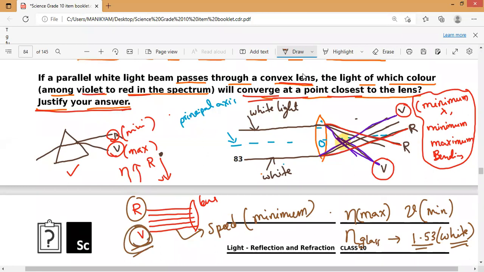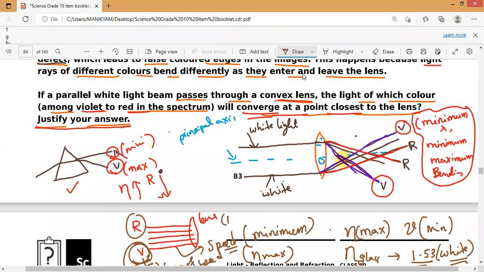If violet light is passing, it has the least speed in the glass, so it will show the maximum bending. That is why the speed is minimum, so the refractive index is maximum for violet light.